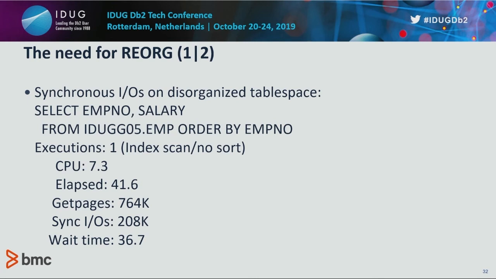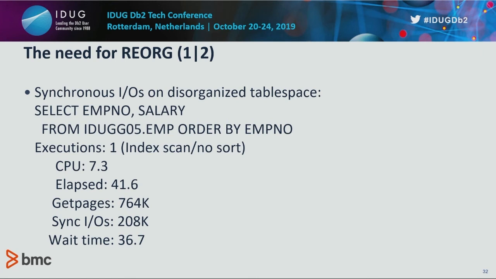But in this case, it's on a disorganized table space. And I kind of went for the extreme example as far as this million-row table where I did a lot of random inserts to see just how bad the performance of the query could get due to the disorganization.